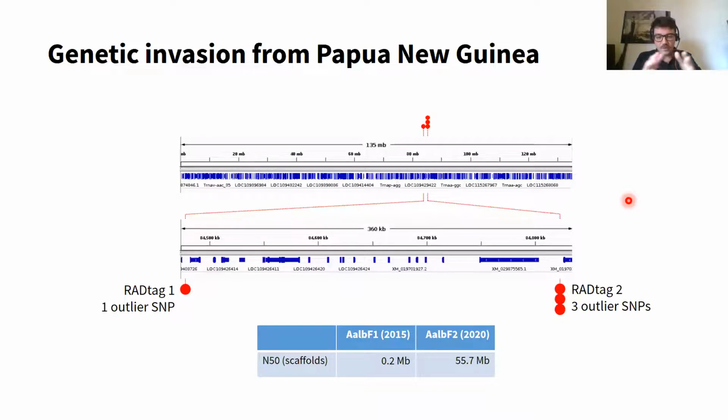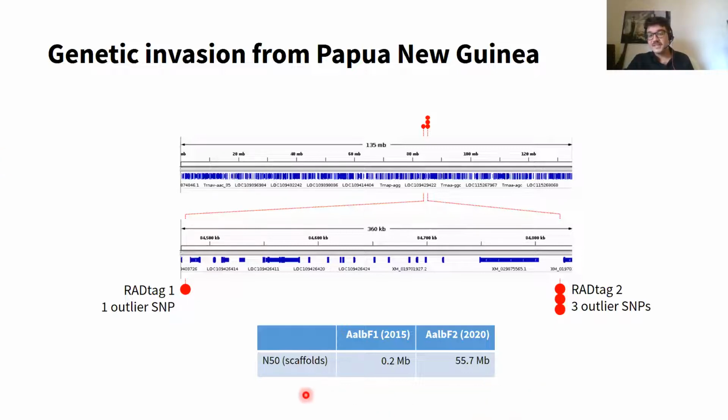We're seeing where they were co-occurring, and also where there were genes of known function that might be important. So we have this 135 megabase region, and looking within there, there were 2 RAD tags with outlier SNPs in very, very close linkage, and within this region there are 12 cytochrome P450 genes, which are very strongly associated with metabolic resistance to insecticides.